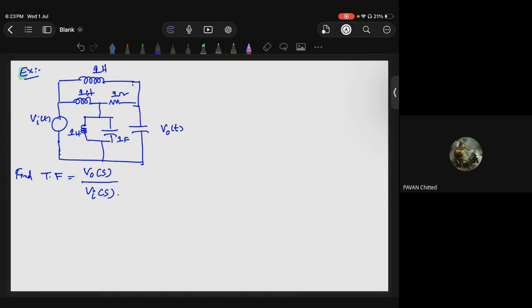But the given circuit is in the time domain. So we have to convert this time domain circuit into the Laplace domain. The question is how to do that.